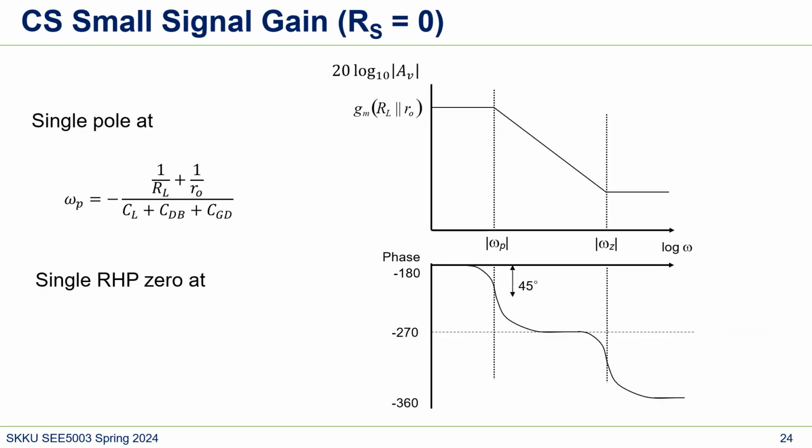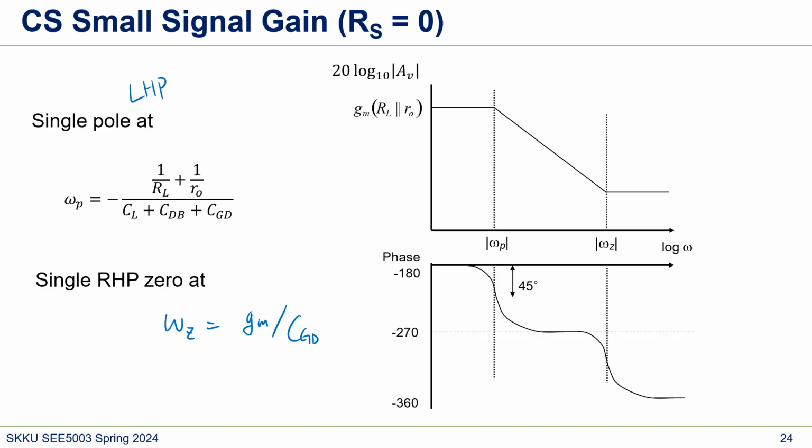Now let's plot the Bode plot, the frequency response. We have a single pole here, right? That will be here, and then we also have a zero, which is in the right half plane. The single pole is on the left, and ωz was gm over CGD.